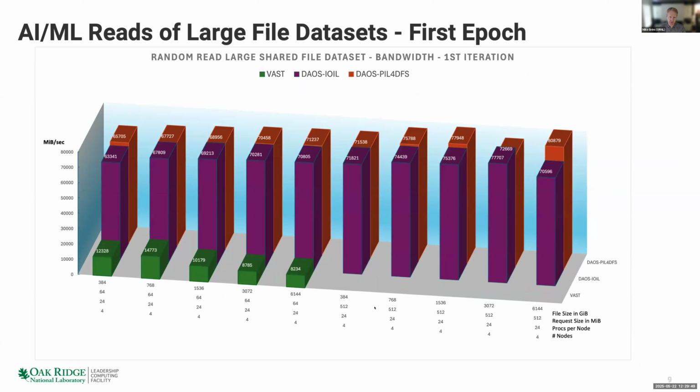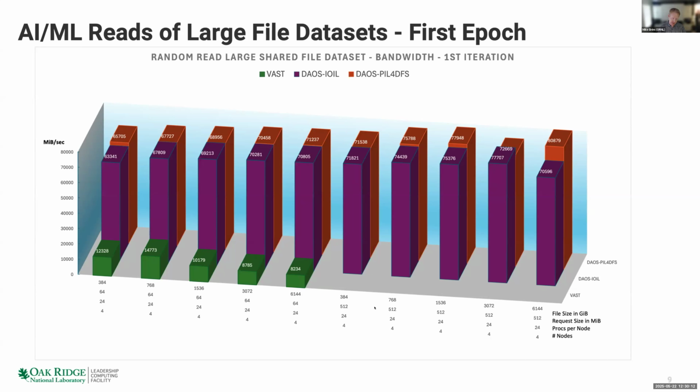Okay, so this is the large file, essentially doing random IOPS within a single shared file. The first iteration. Here we see the difference between IOIL and pill for DFS: pill for DFS runs much more of the metadata operations through libdfs directly rather than relying on the fuse mount.